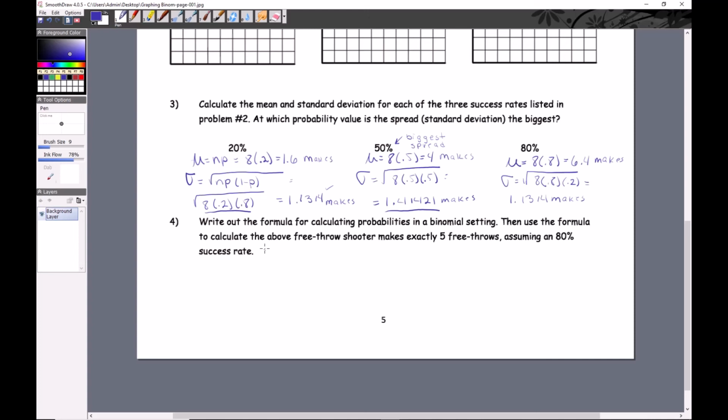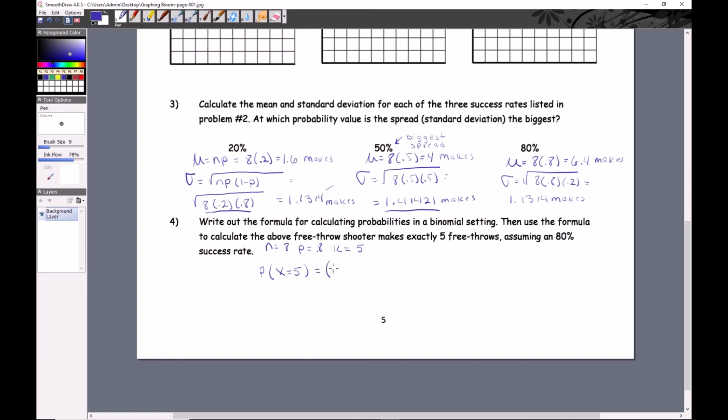So n is 8, p is 0.8, and let's say k is going to be 5. All right? So this is the probability. Oh, that's not a p, that's an r. Let's fix that. Probability that x is 5. So maybe that should have been an x, but it doesn't really matter.